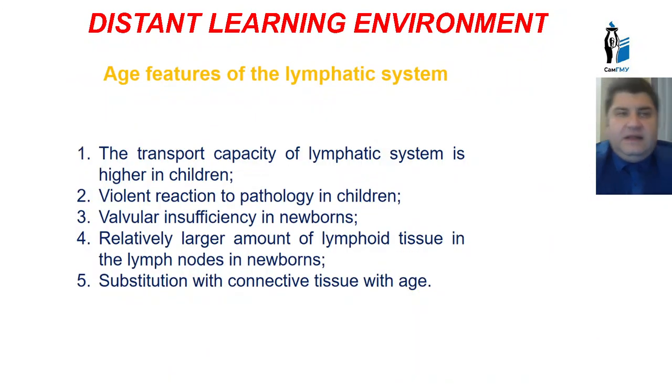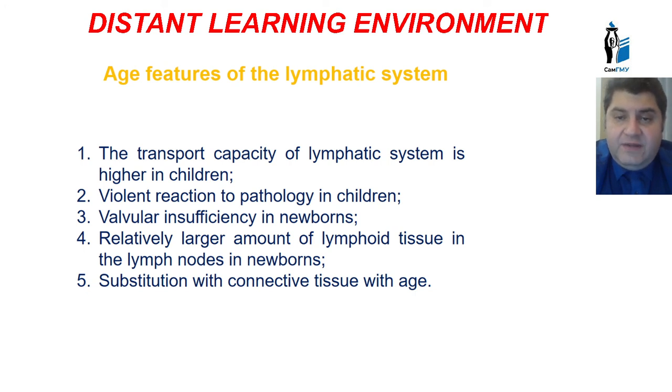And at last I want to tell some words about age features of the lymphatic system, and you may read these features here. So the transport capacity of the lymphatic system is higher in children. Violent reaction to pathology also in children. Valvular insufficiency in newborns.